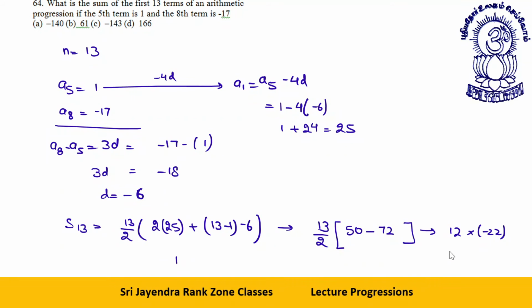I just spotted that the options are not matching. Okay, 13 into minus 22, or 13 into minus 11, that will give you minus 143. This is your answer, all my dear students. Am I very clear to all of you? Shall I move ahead now? Fine, let's proceed further.